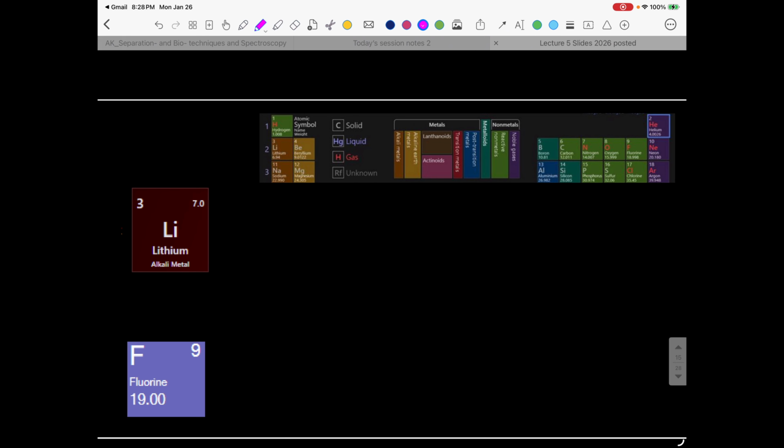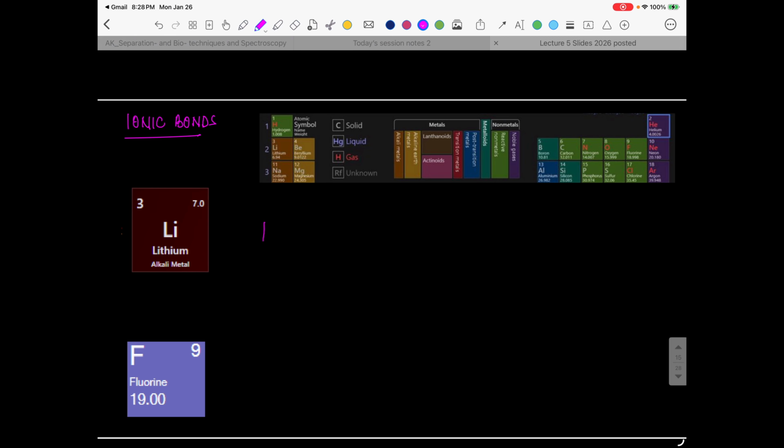So let's first look at ionic bonds and how they're formed. As I said, ionic bonds are going to be formed when we have a metal, so let's say we have lithium.